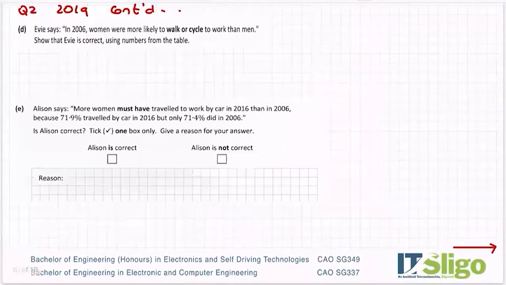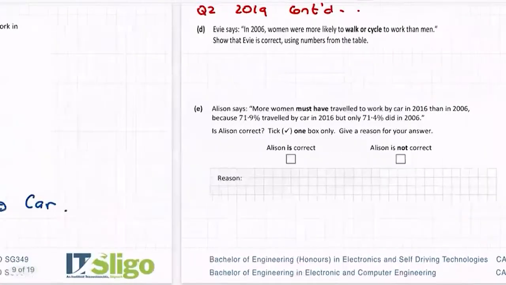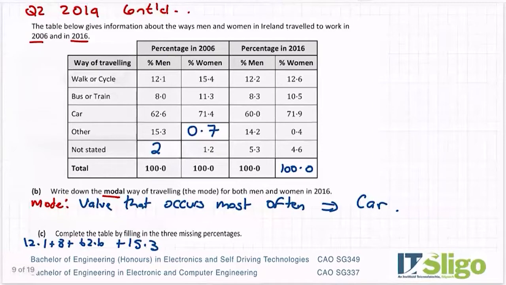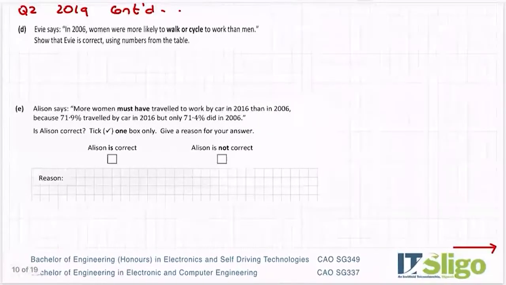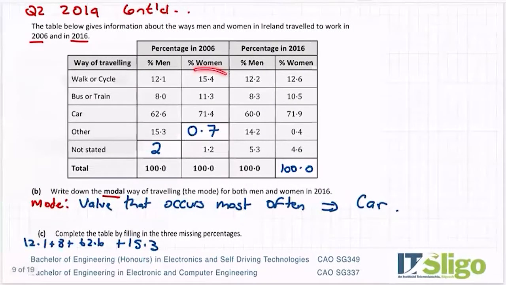Evie says in 2006, women were more likely to walk or cycle to work than men. Is she right? Well, yes, she is right, because I can see 15.4% of women walked or cycled versus 12.1% for men.